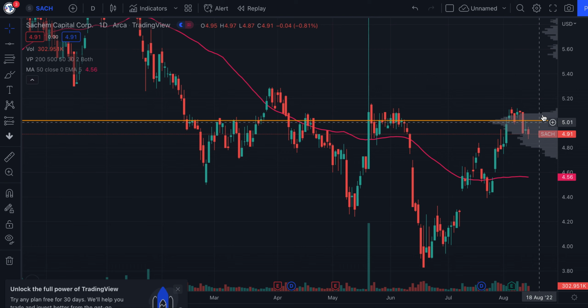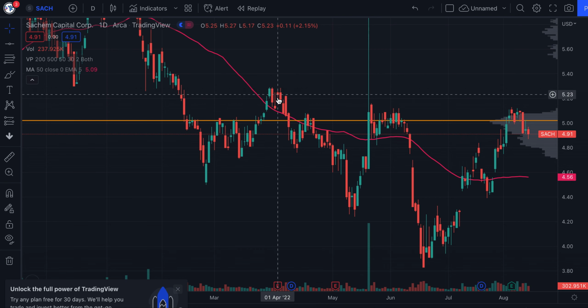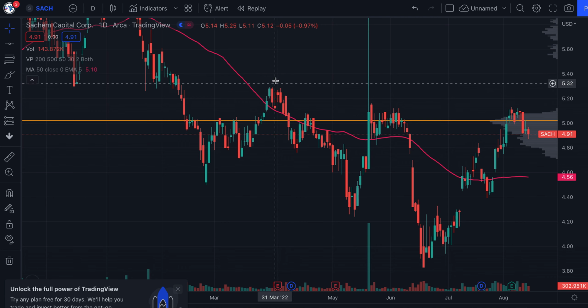So what this is saying is that even though these price levels have been reached here from 528 all the way to 510, even though there's been some trading going on in this area, it hasn't had a lot of volume. And even all these all the way up here, they haven't had a lot of volume.